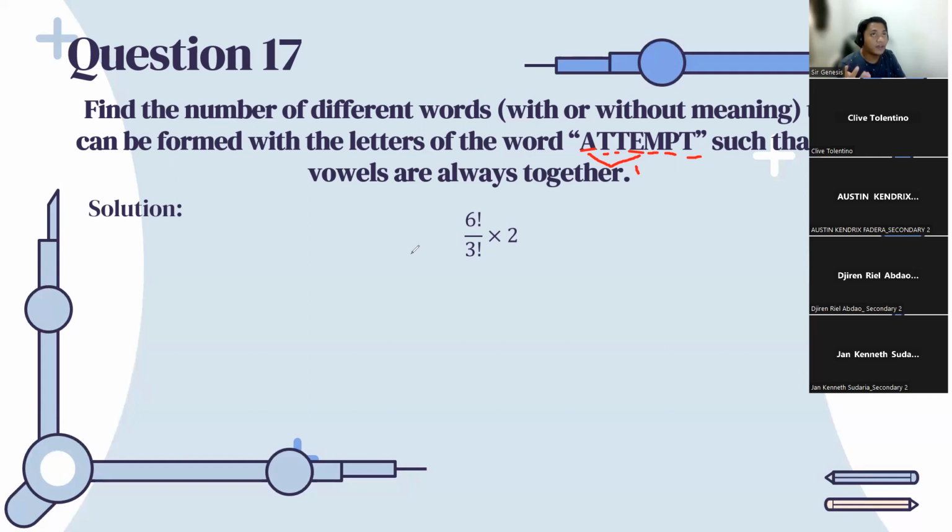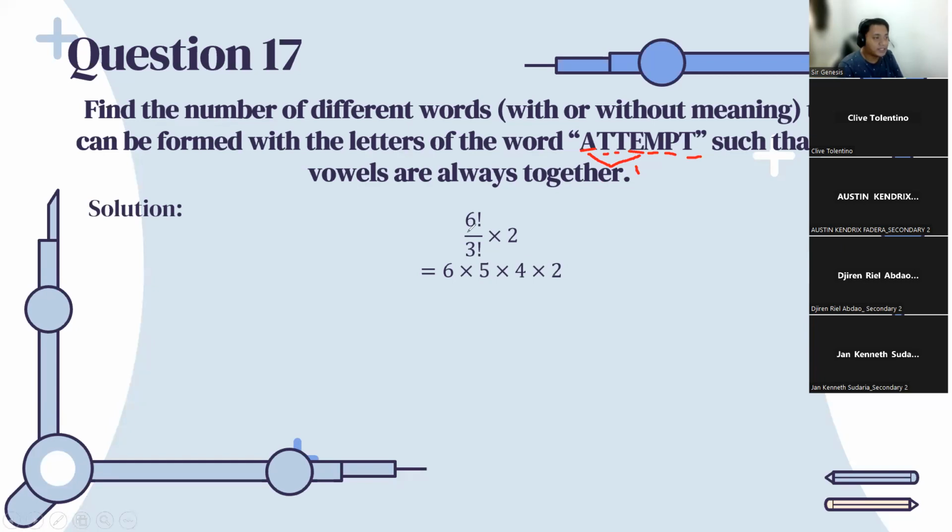If you're thinking about AE, you can have AE and EA, or just 2 factorial. So that will be 6 factorial over 3 factorial, multiplied by 2 factorial. You can just multiply by 2 because there are only 2 vowels.